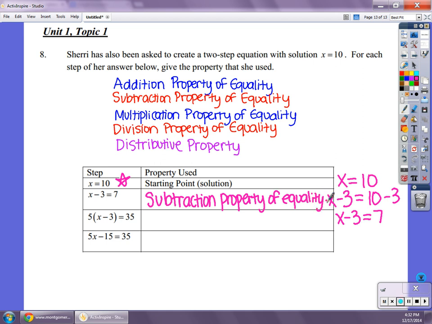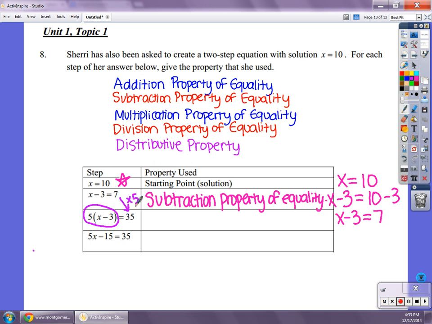All right, let's look and see what Sherry did next. I see some parentheses there. I see a 5, and in parentheses, x minus 3 equals 35. So what do we think happened? Notice that when we have these parentheses here, what we're really dealing with is multiplication. 7 times 5 is 35.